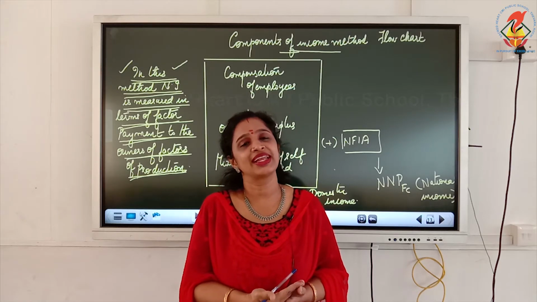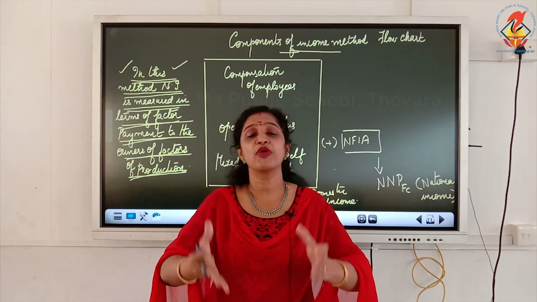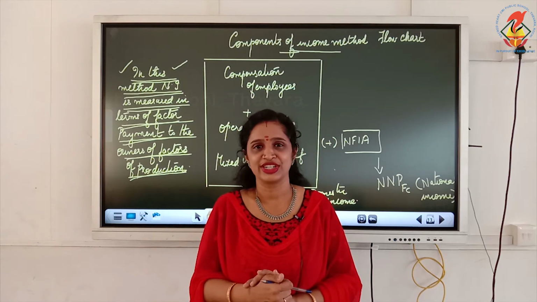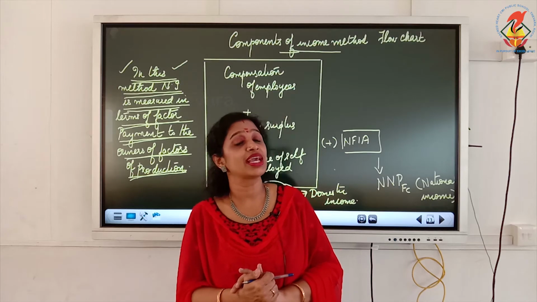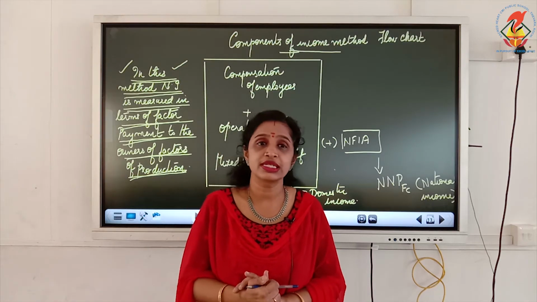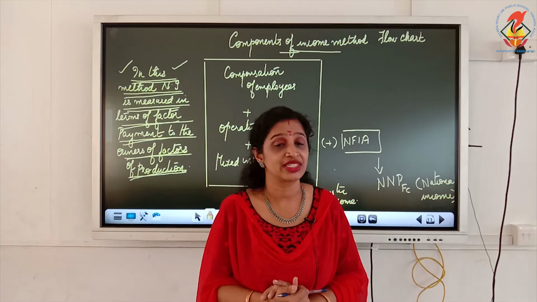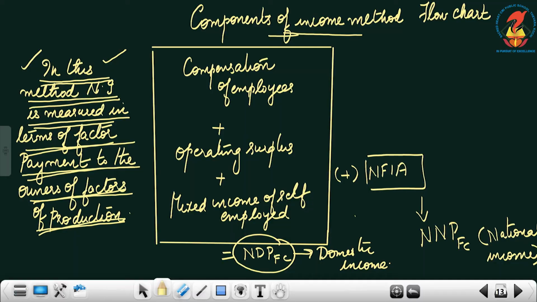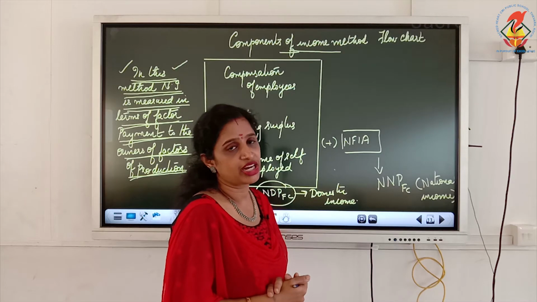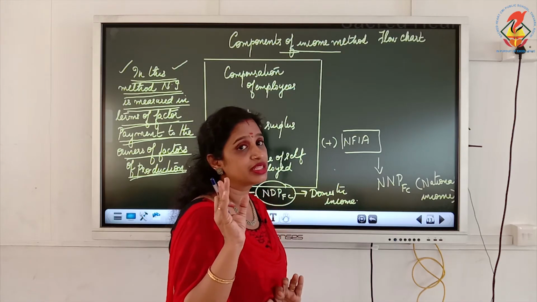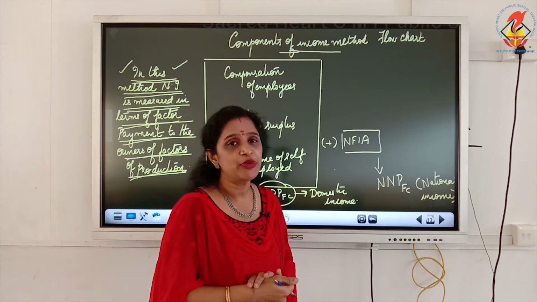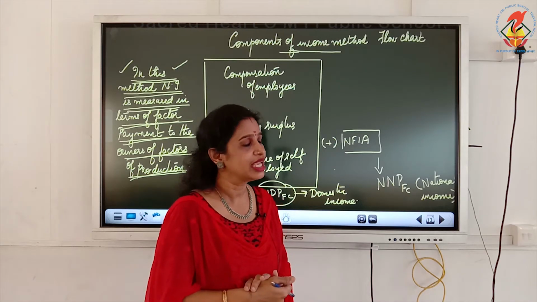That method of calculating national income by giving importance to factor income is known as income method of calculating national income. So in the income method, how do we calculate national income? By considering the factor income such as rent, wages, interest and profit. Now let us see how do we arrive at the term NDP at factor cost, because in the income method as per the flow chart the first term that we are going to arrive is NDP at factor cost or domestic income.